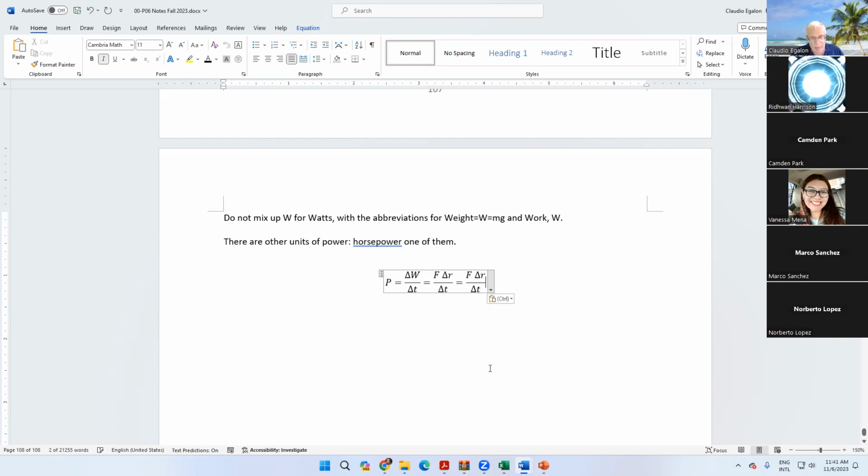And if it's one-dimensional motion, it's going to be delta x. And look what we get. We can have the same equation written in a different way. Delta x over delta t is v. And we end up with the force times v.